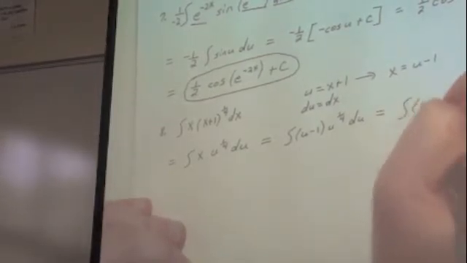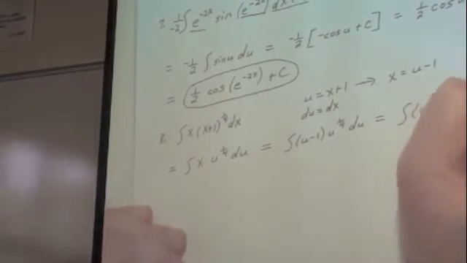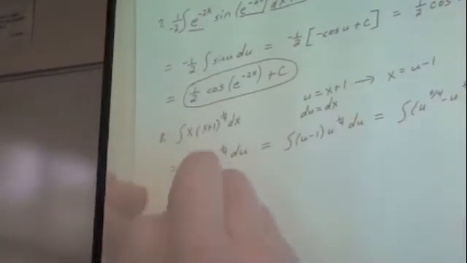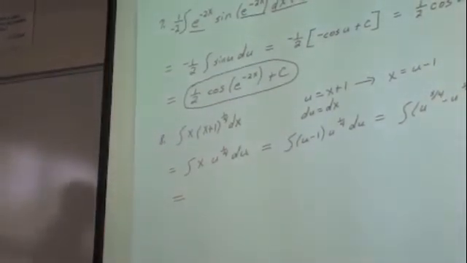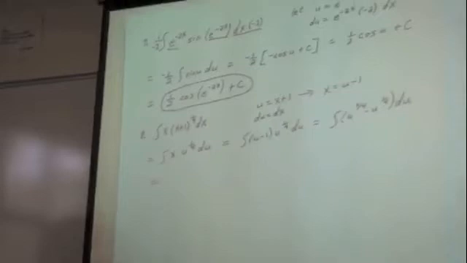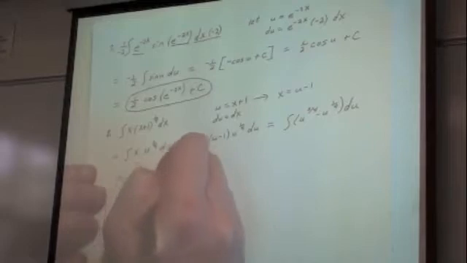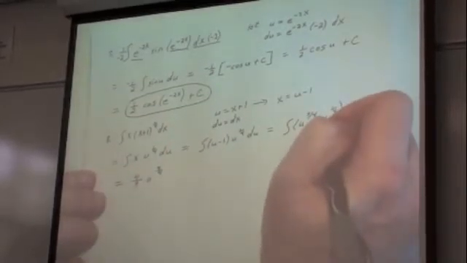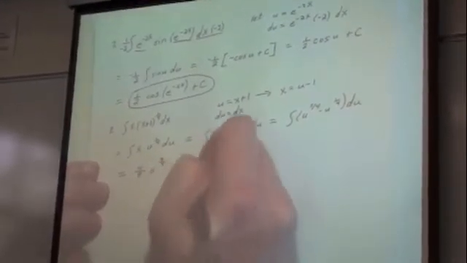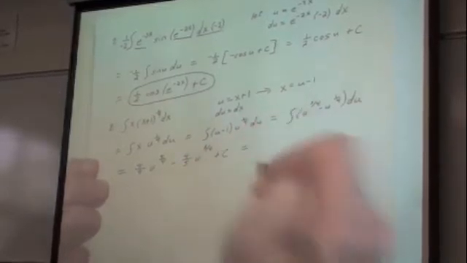So I'll get u to the 5/4 minus u to the 1/4 du. And whenever I integrate, I add 1 to the exponent, divide by the new term. So that becomes u to the 9/4 times 4/9. And then this one's going to become minus 4/5 u to the 5/4 plus c.